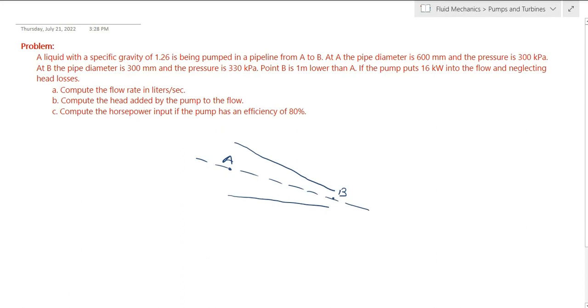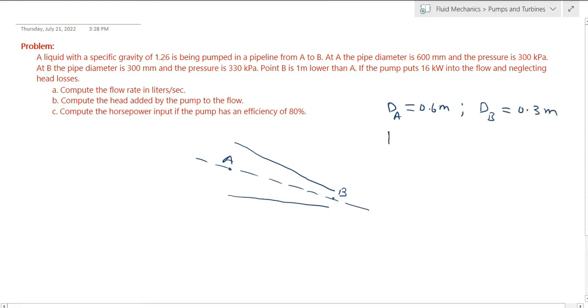let's write the details. Given data, diameter of A is 600 mm, means 0.6 meter. Diameter at B is 300 mm, means 0.3 meters.